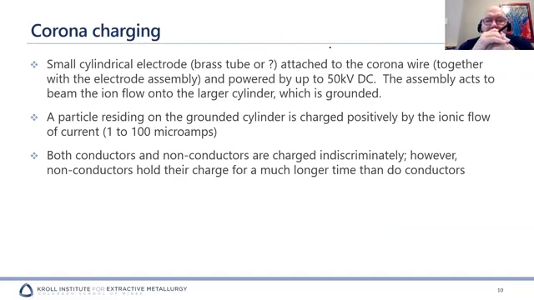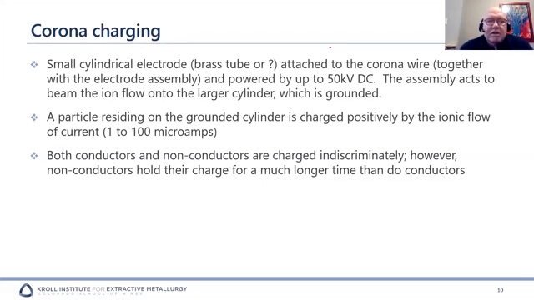You can have a small electrode attached to a corona wire, and you generate a very large direct current voltage drop between that corona wire and the brass tube. And this assembly acts like the beam, and so it produces an ion flow onto a large cylinder which is grounded.